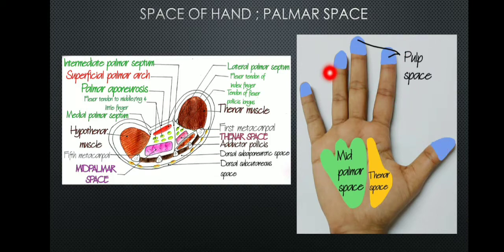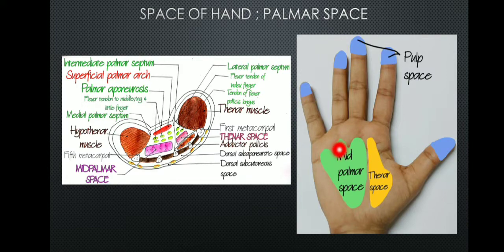Now, starting with the mid-palmar space, it is triangular in shape and located under the inner half of the hollow of the palm, and it extends proximally from the distal margin of the flexor retinaculum until the distal palmar crease. As you can see, this is the distal palmar crease of the palm.